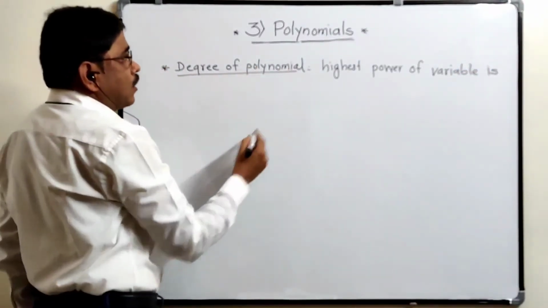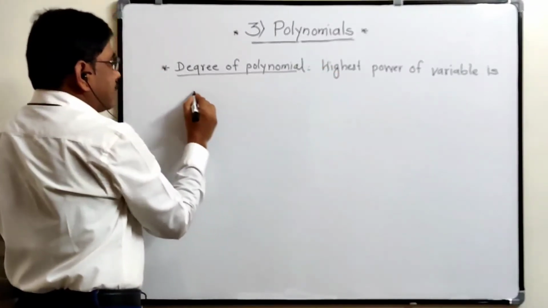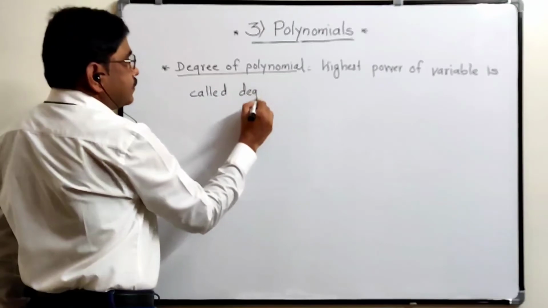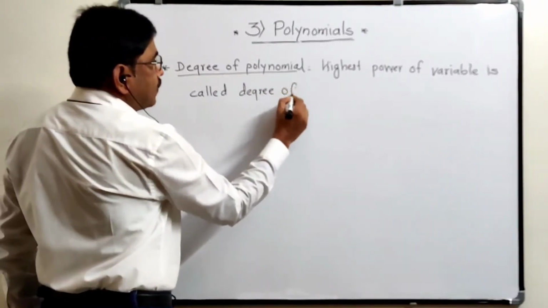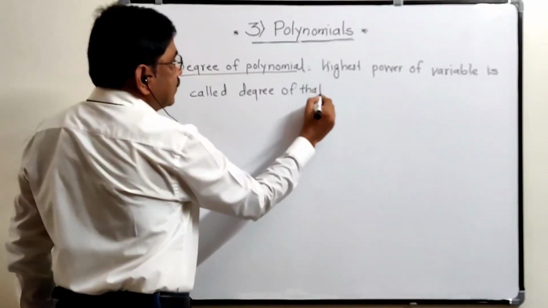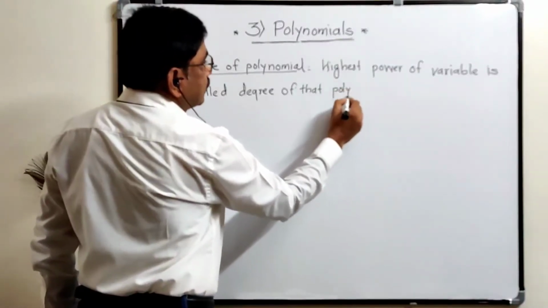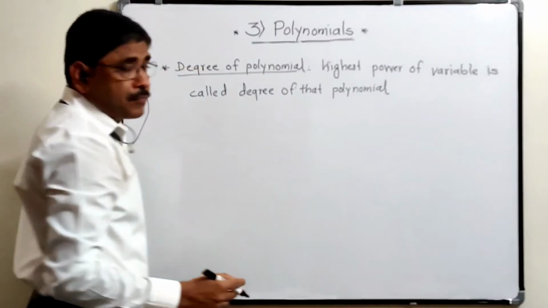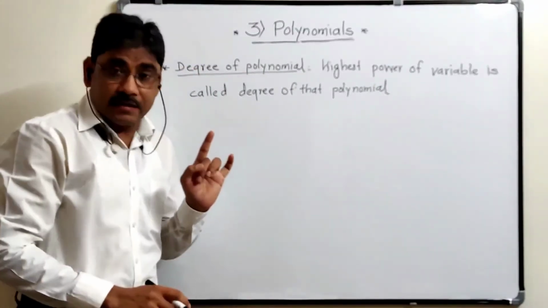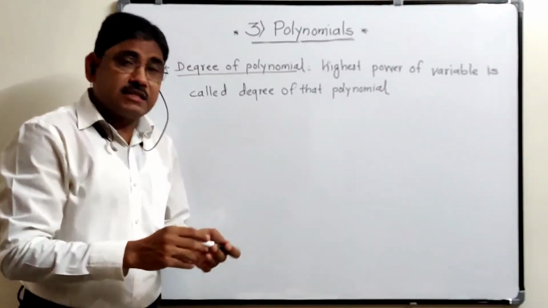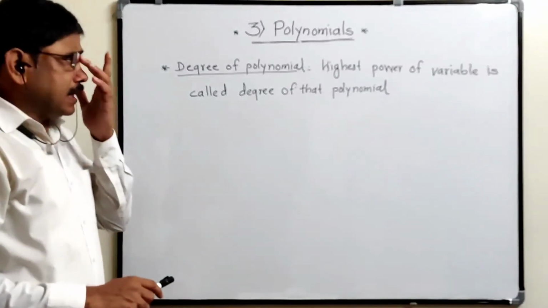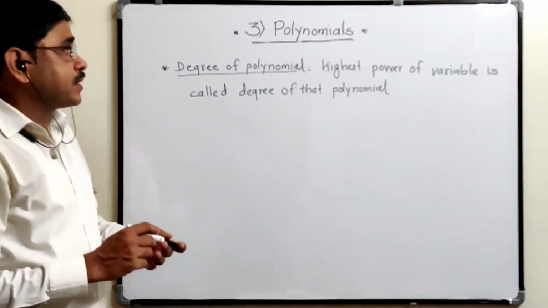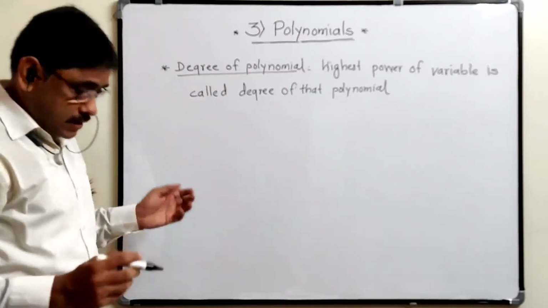The highest power of the variable is called the degree of that polynomial. But this is when only one variable is there. Some polynomials contain one variable, some polynomials contain two variables. So whenever one variable is there, then we can use this method.